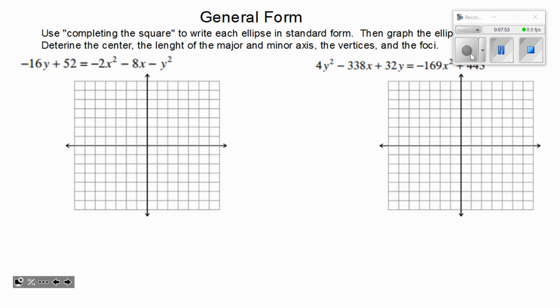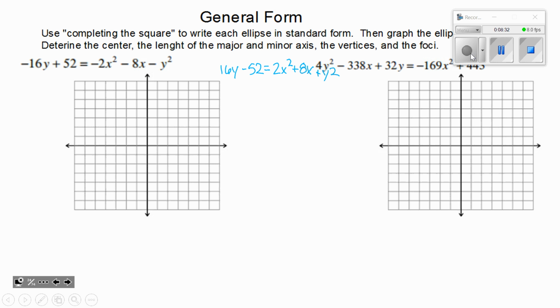Sometimes it's not written in the form that we like to graph from, and so we're going to have to complete the square on it the exact same way we did with the circles. One of the things I see about this problem is I really very much prefer my x squared and my y squared to be positive. So I'm going to multiply this whole problem by a -1 to start out. So I'm going to say 16y minus 52 equals 2x squared plus 8x plus y squared.